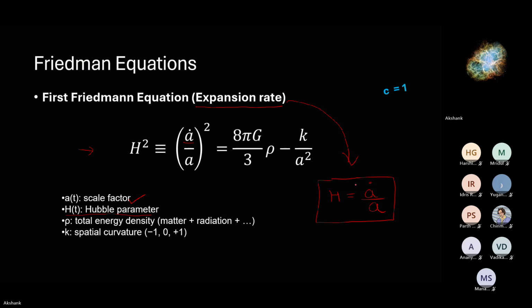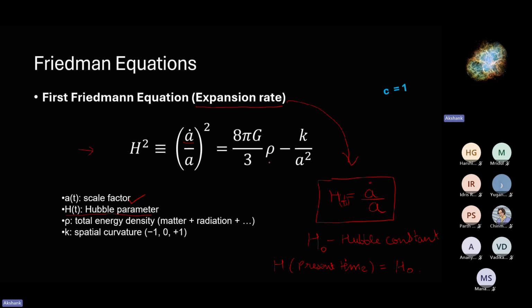And if you remember, there was something like H naught, your Hubble constant, right? This is the value of H at present time. So H is a function of time. It changes with time, and the present value of this Hubble parameter is called the Hubble constant. We'll discuss more about it later, but for now, that's it.